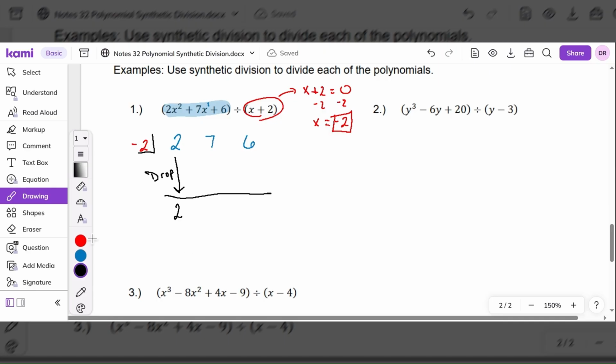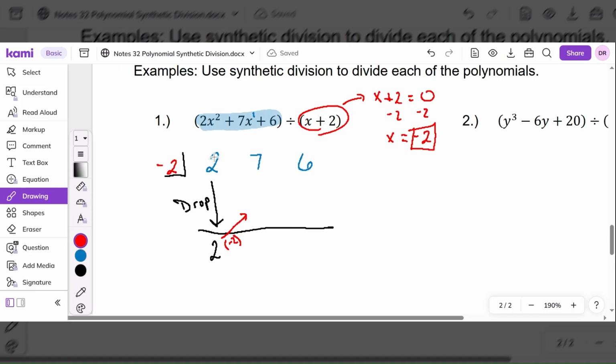What we do next is we multiply this number down below times the number in our magic box. So we are going to take this number times negative 2. So multiply by negative 2 and see what you get. And if we multiply this by negative 2, I'm going to zoom in a little bit here. 2 times negative 2 is negative 4.